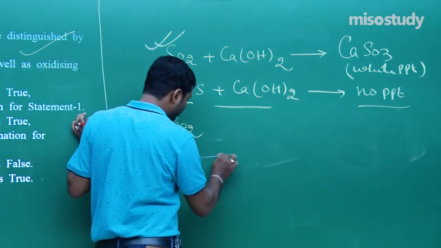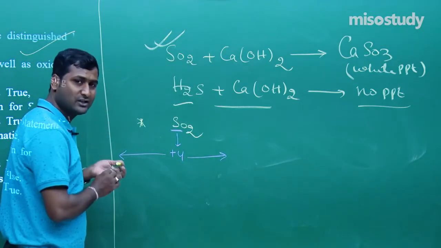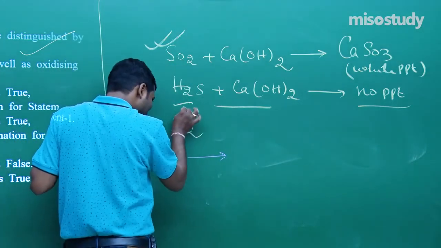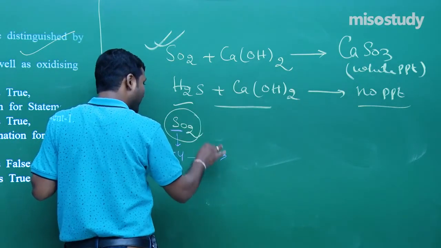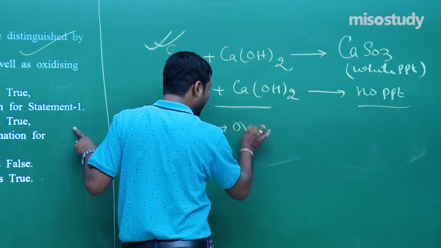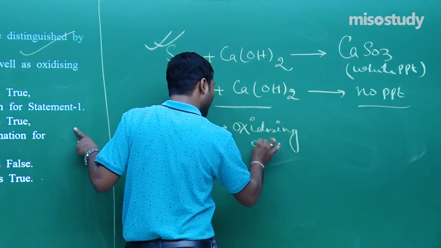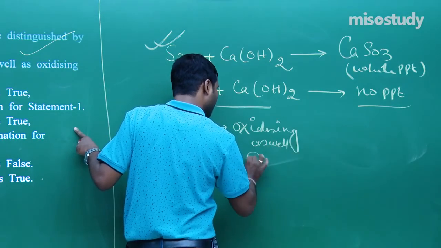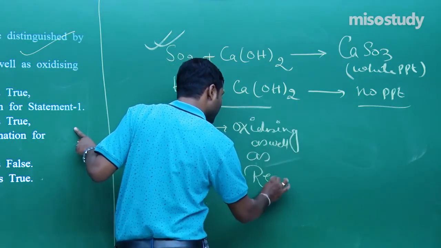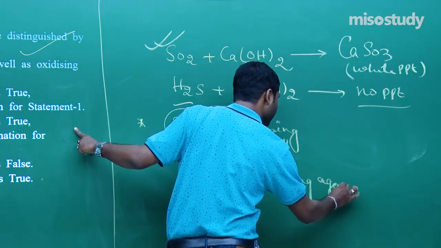It can increase its oxidation state and it can also decrease its oxidation state. That is, in this case, there may be an increment, there may be a decrement. So it will act as an oxidizing as well as a reducing agent. Definitely this statement is correct.